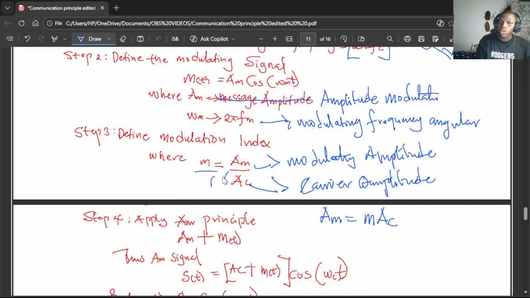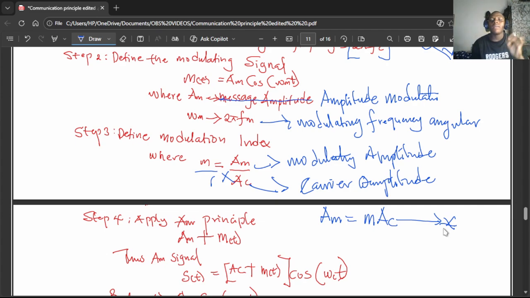So you cross multiply. Your Am multiplied by 1 is simply Am, and your Ac multiplied by m is simply m Ac. So let's asterisk this equation.